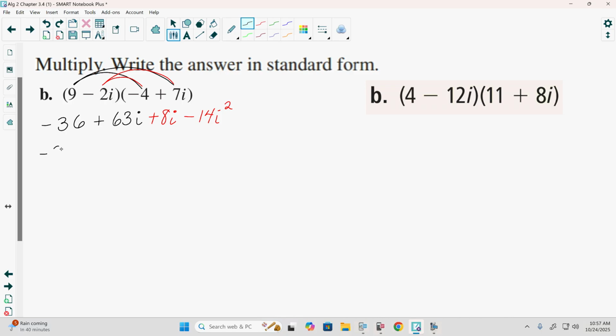Now, before we can say we're done, we're going to have to combine like terms. 63i plus 8i is going to be 71i. Minus 14 times negative 1, because i squared is indeed negative 1.